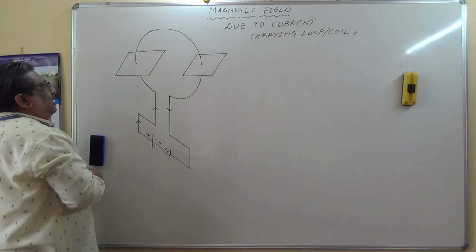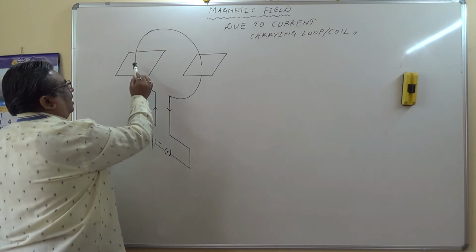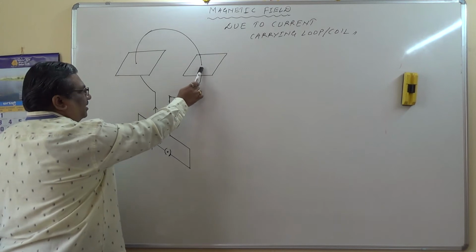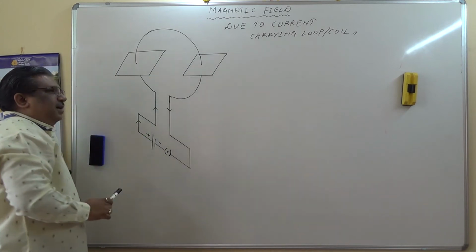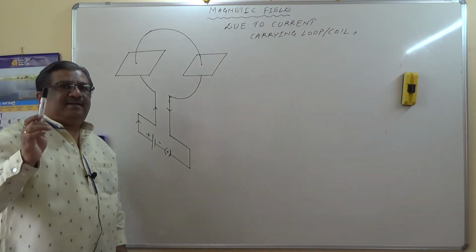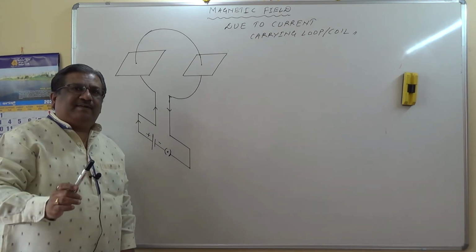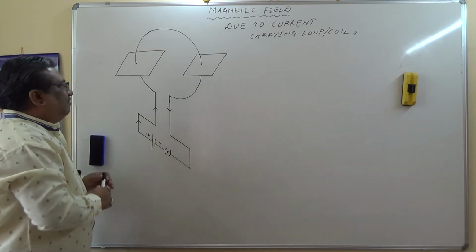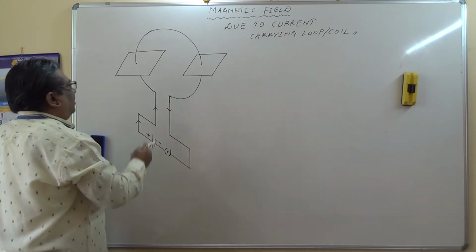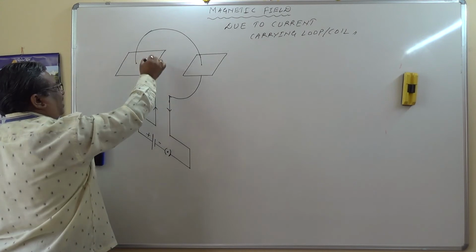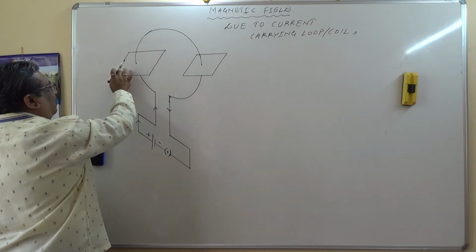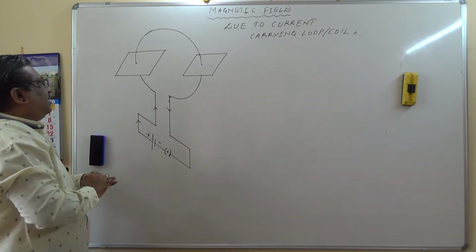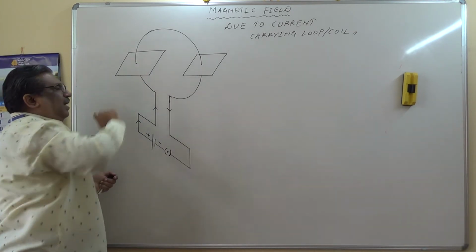Now, in order to study the magnetic field line patterns at this point and at this point of this coil, let me apply the right hand thumb rule and identify the direction of the magnetic field lines and their pattern. First, with respect to pattern, at this point, if I sprinkle iron filings and gently tap, I observe that the field lines are concentric circles around this coil.